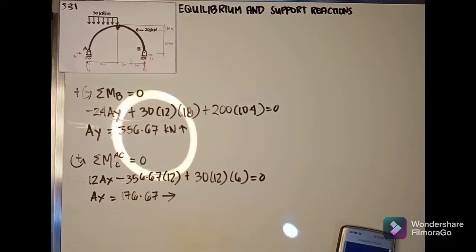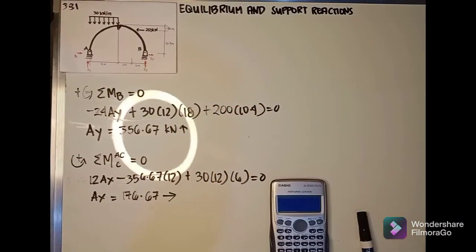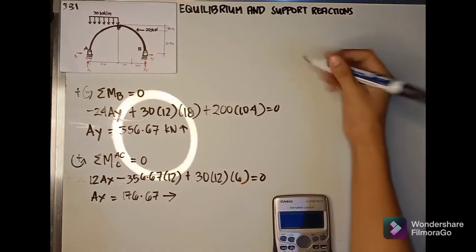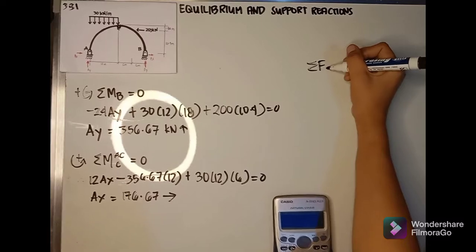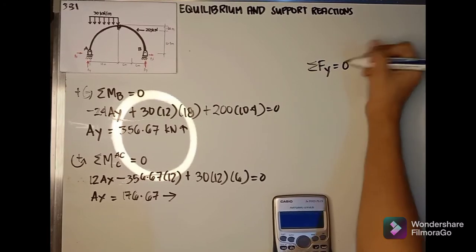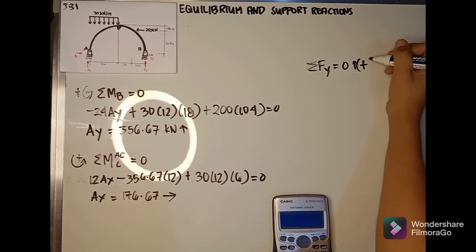Since we have obtained one vertical component and one horizontal component, we can now use the summation of vertical or horizontal components to get the unknowns at point B. Now, solving for BY, summation of vertical forces is equal to 0, upwards is positive.